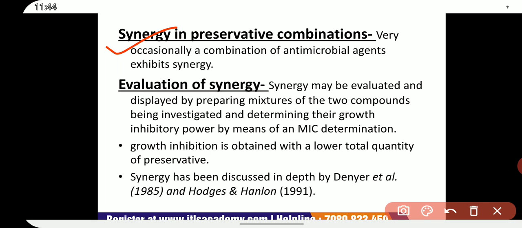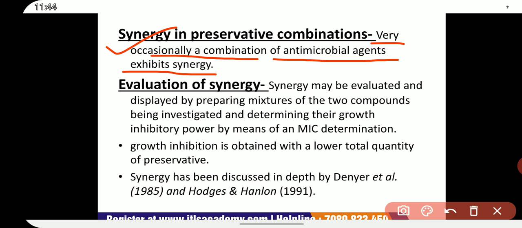Synergy in preservative combinations. Very occasionally, a combination of antimicrobial agents exhibits synergy. Synergy is measured against a single microorganism.